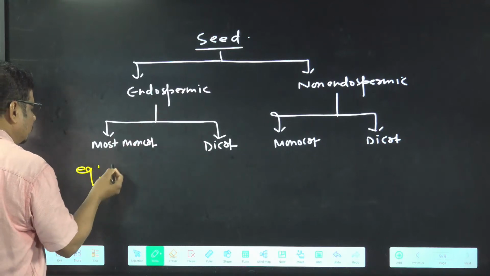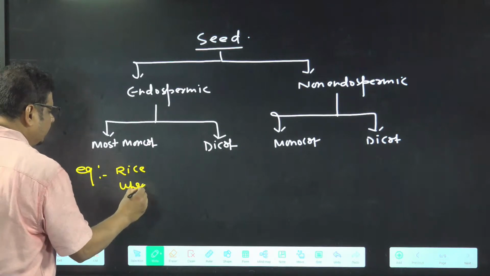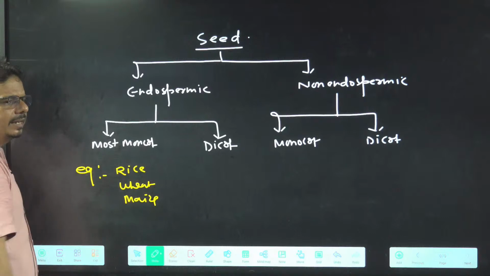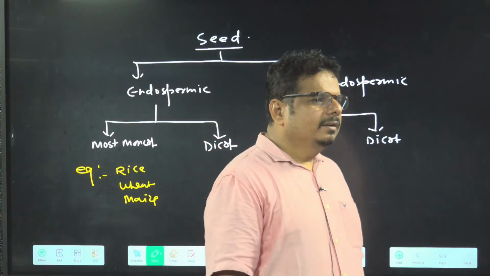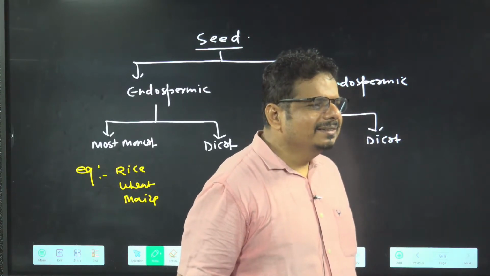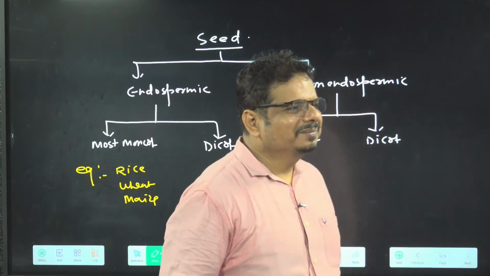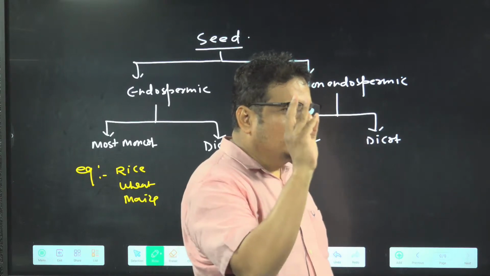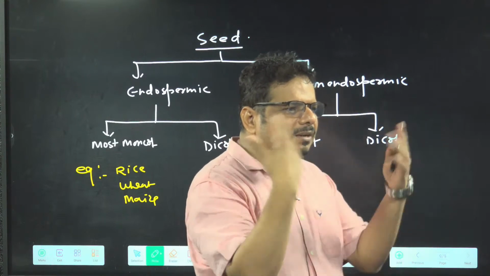In most of the monocots, some examples are rice, wheat, maize. These all are monocot plants and have which kind of seeds? Endospermic seed. Keep one thing in mind: almost all cereals have endospermic seed. Clear? Cereals, jowar, bajra, barley, these also come under cereals.